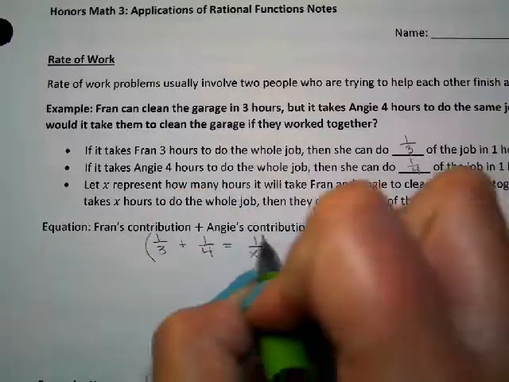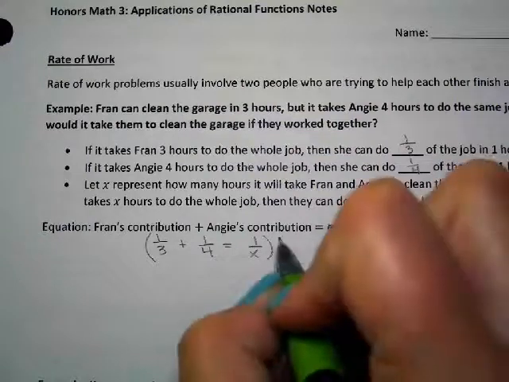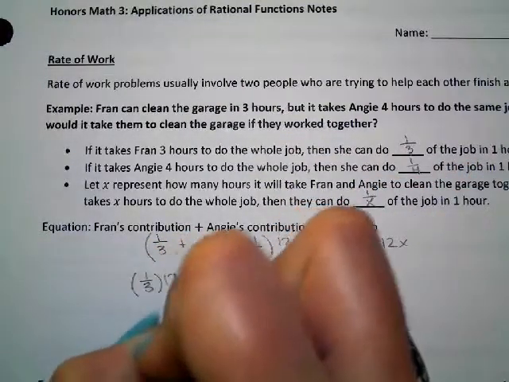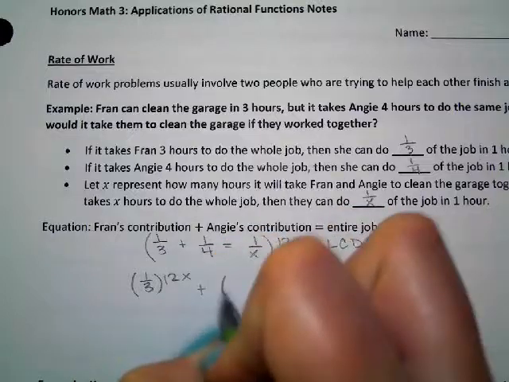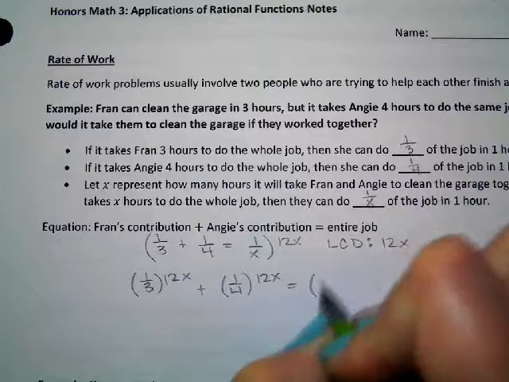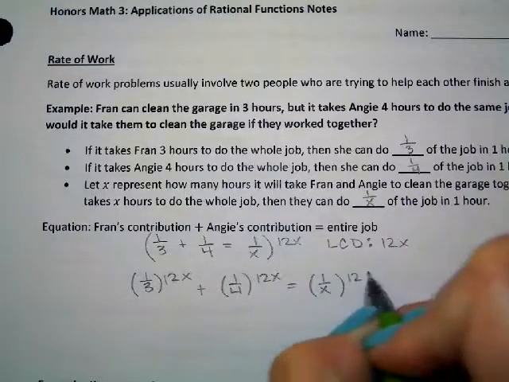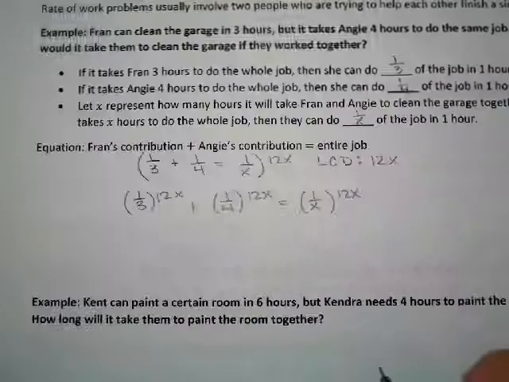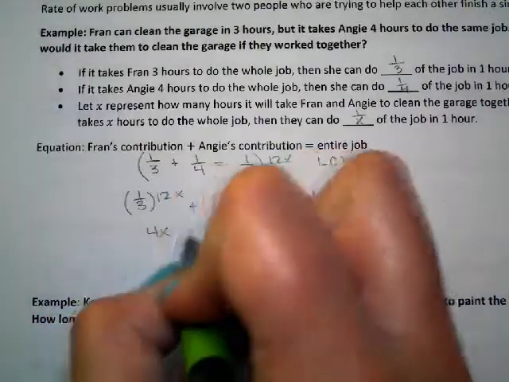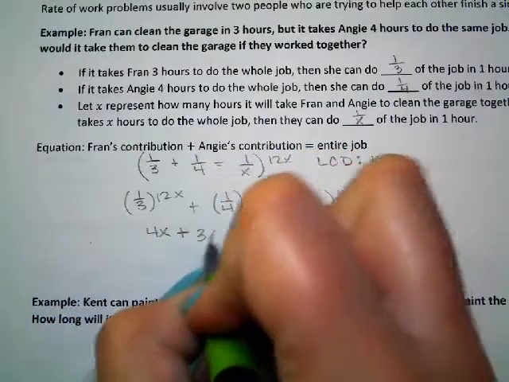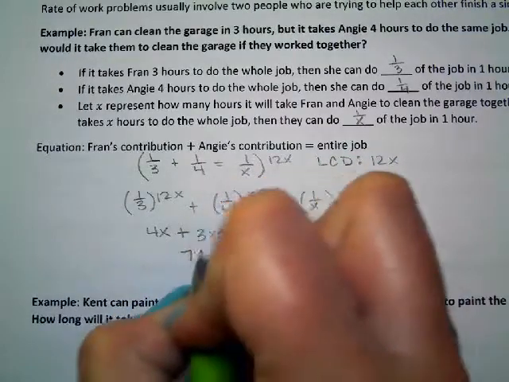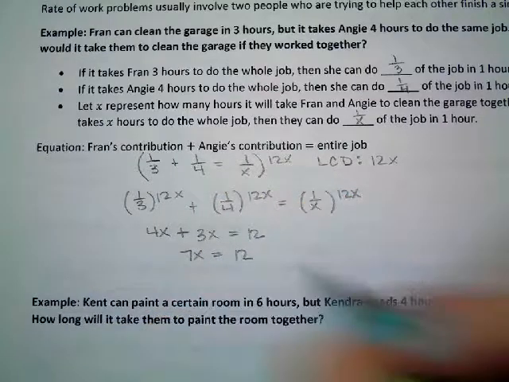So we're going to multiply the entire equation by 12x, and we get 1/3 times 12x plus 1/4 times 12x equals 1/x times 12x. So that gives us 4x plus 3x equals 12. So 7x equals 12.